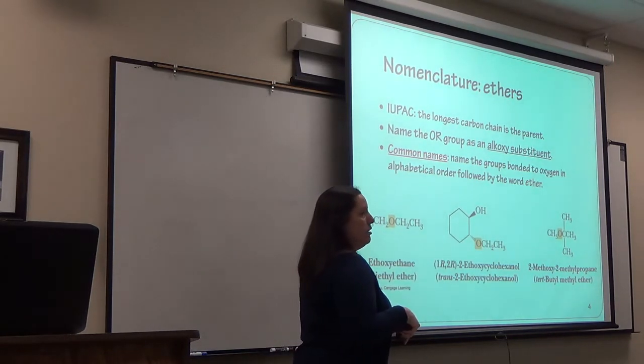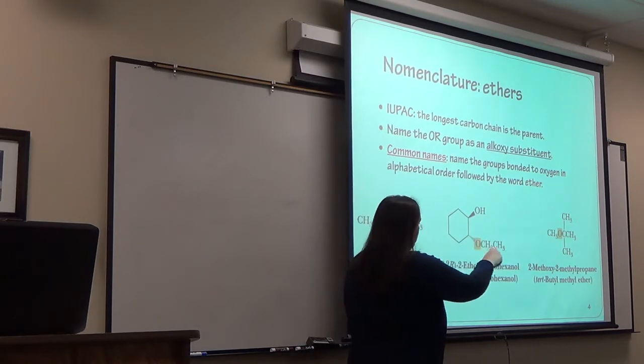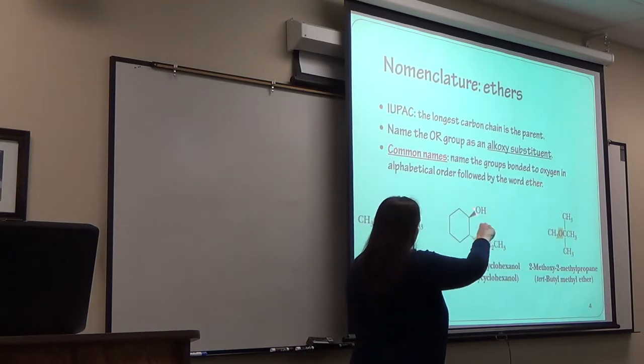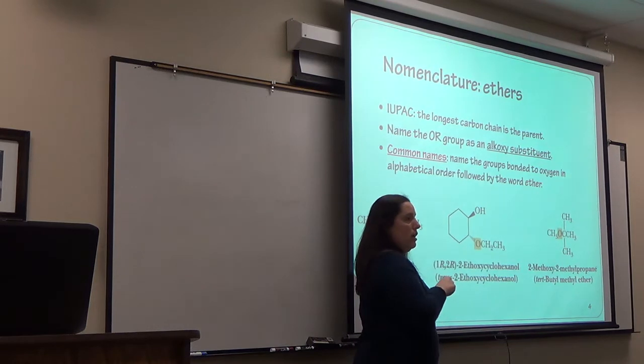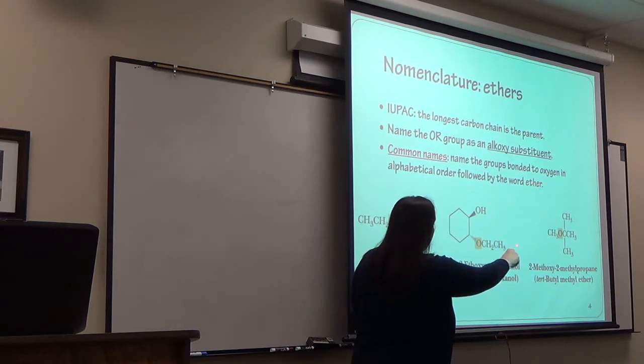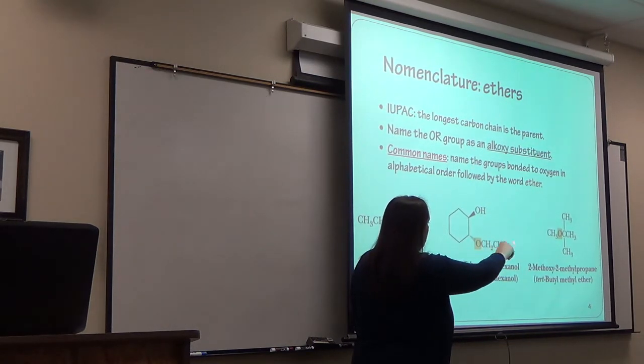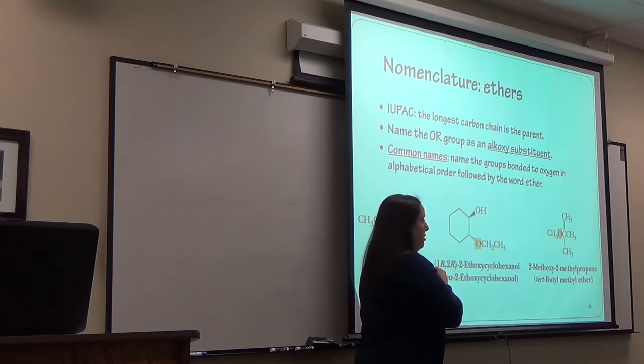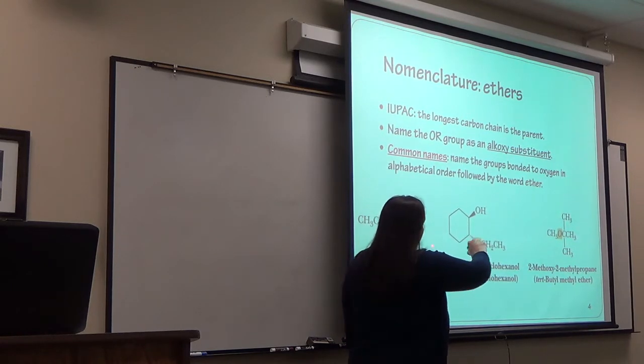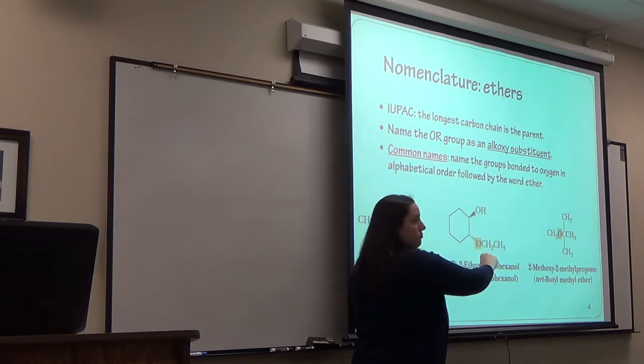Does that make sense? So in this case, what's bigger, two carbons or six? Six. So you would say that the alkoxy is the smaller of the two. So that's still ethoxy, but then the parent chain is this cyclohexanol. So you split it right where the oxygen is.